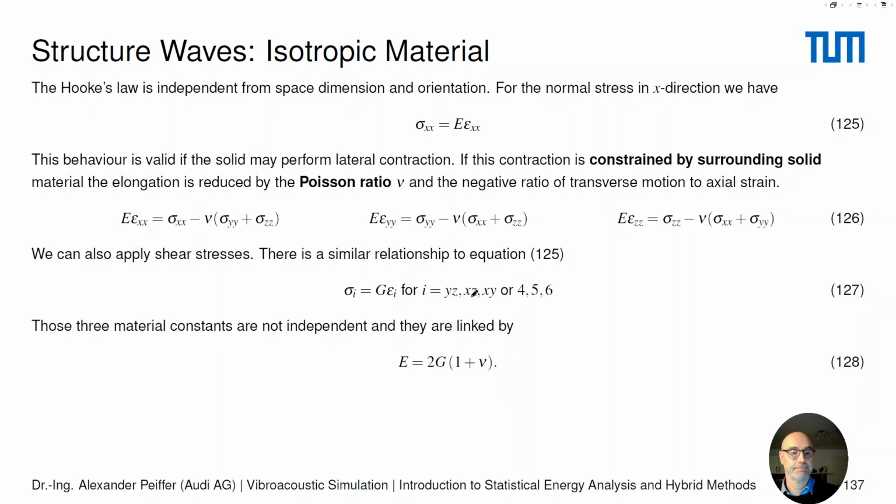However, those quantities E and G, and nu, are not independent. They are linked by the following equation. So if E and G are given, we can automatically calculate the third constant, or vice versa. That's something that you also have to keep in mind.